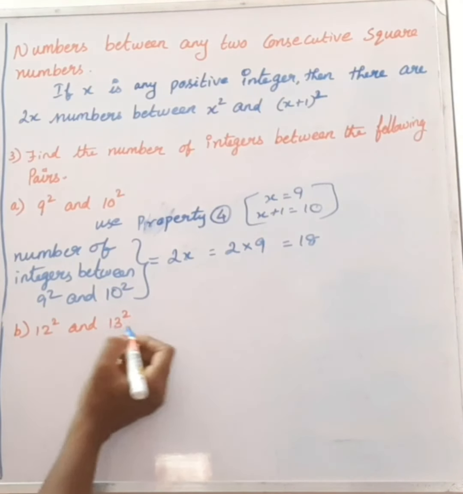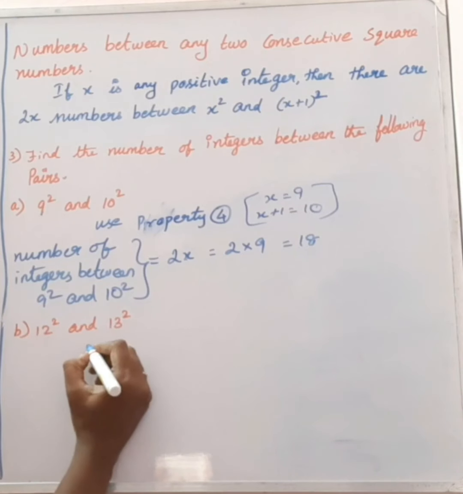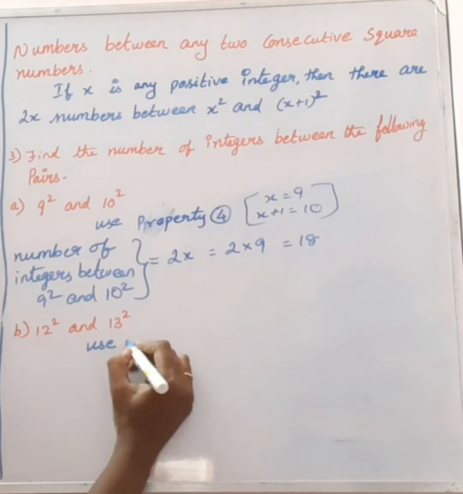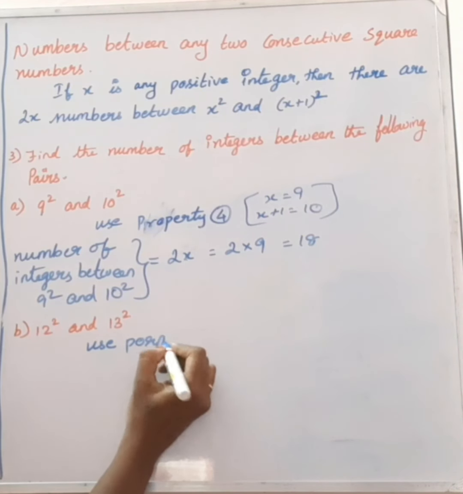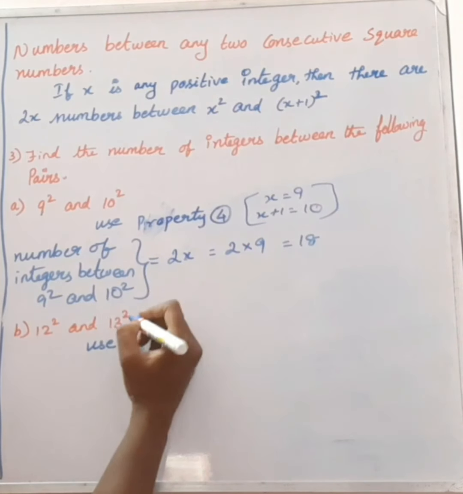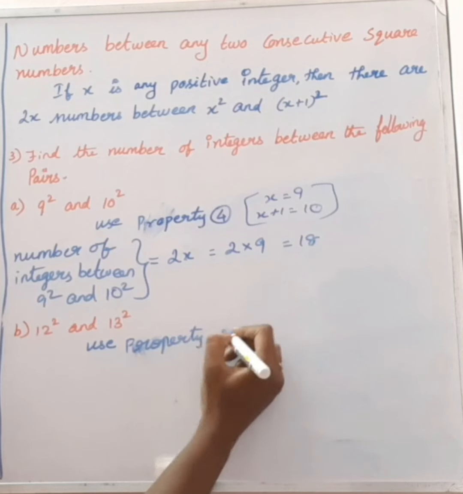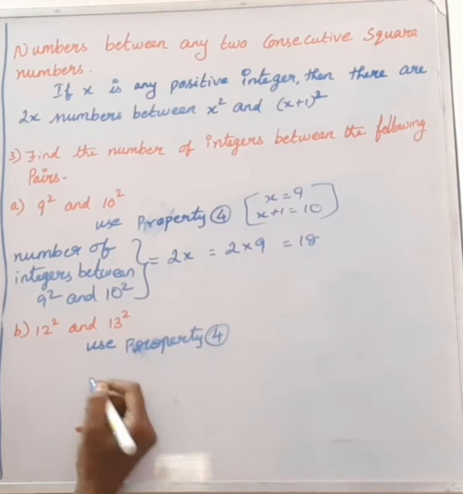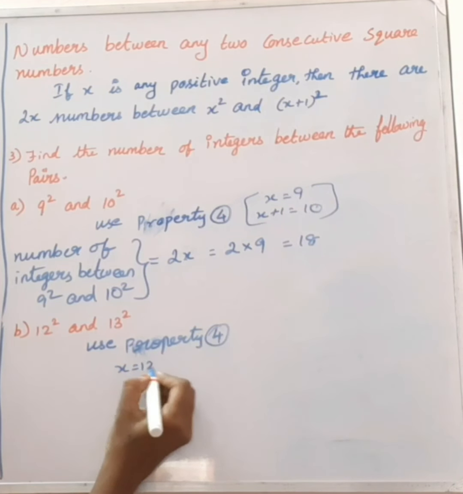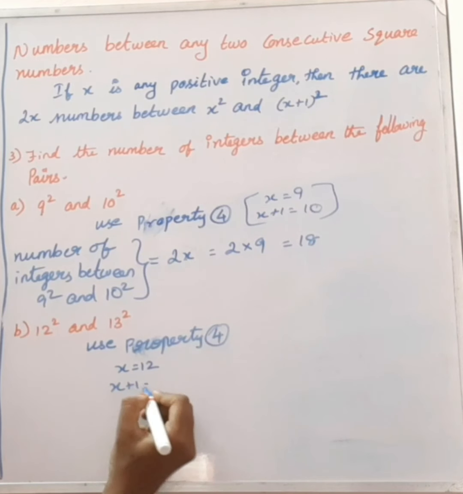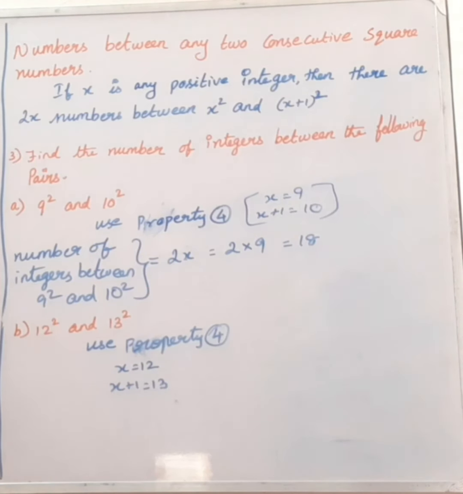Next, see 12 square and 13 square. Here also, same thing. Use the property. What is the x value? 12. What is x plus 1? 13.